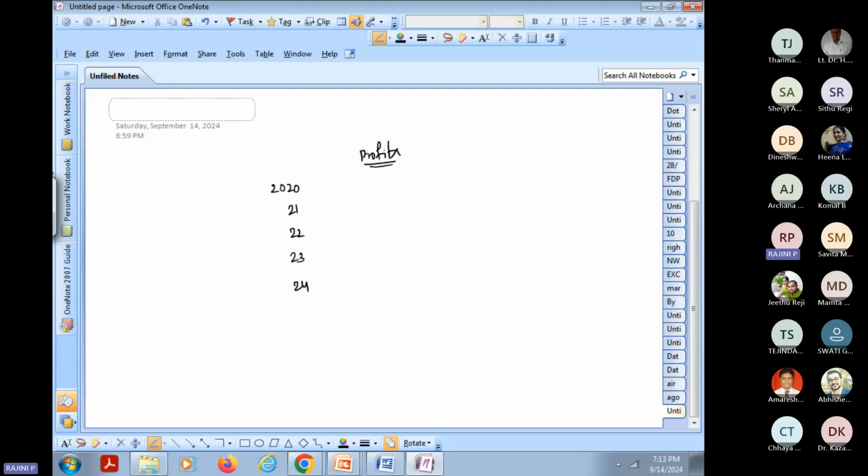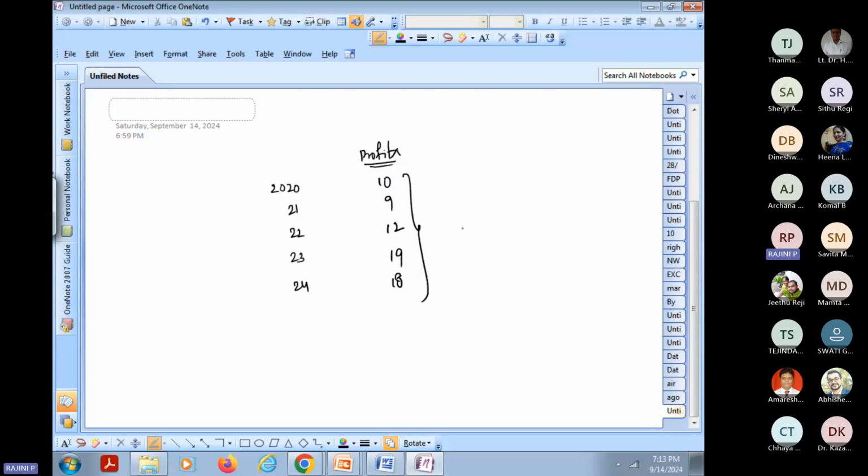In 2020, the beginning year, I got a profit of 10 lakhs. In the next year, 9 lakhs. In the next year, 12 lakhs. Next, 19 lakhs. And in the next year, 18 lakhs. So this is the data I have.